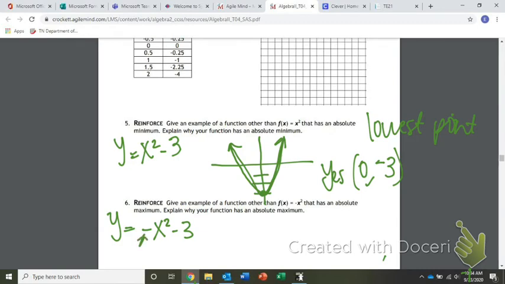I used my negative, and that means it's a reflection. So now I'm still going down 1, 2, 3, but my graph looks something like this strictly because of this negative. So now I have a maximum point of 0, negative 3.